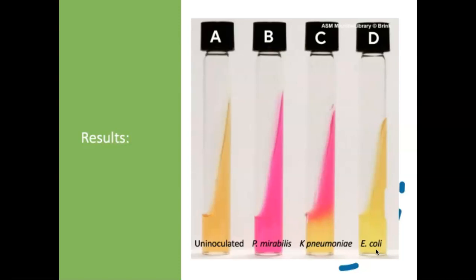This test is about the breakdown of urea. This is about an alkaline change. And E. coli just hasn't done that. It hasn't broken down the urea into ammonia, so we don't get that pink color change. That tells me that E. coli just doesn't have the ability to make and secrete urease.